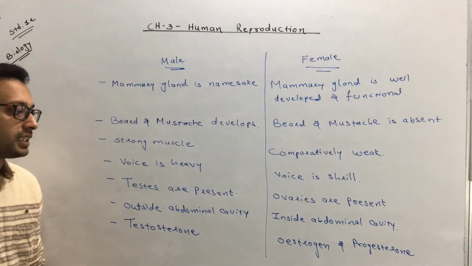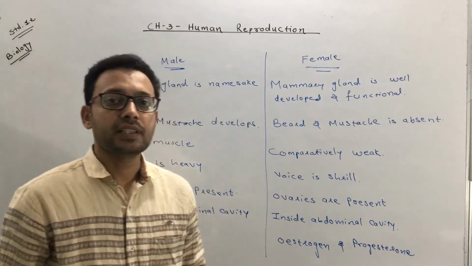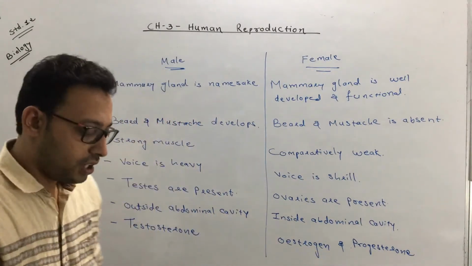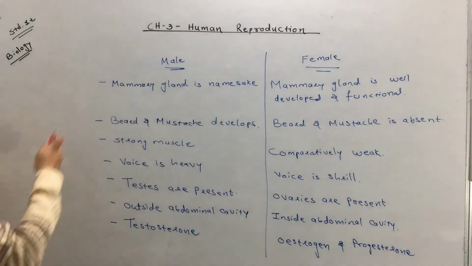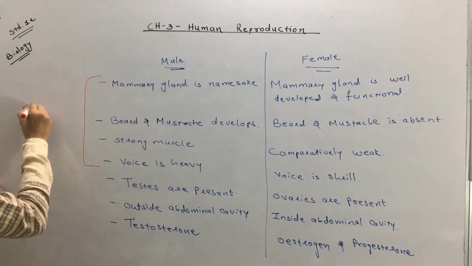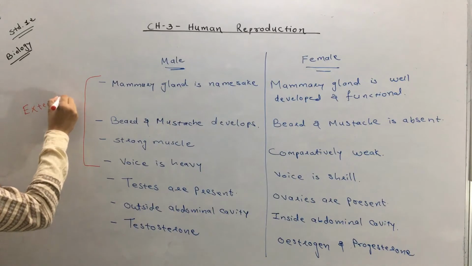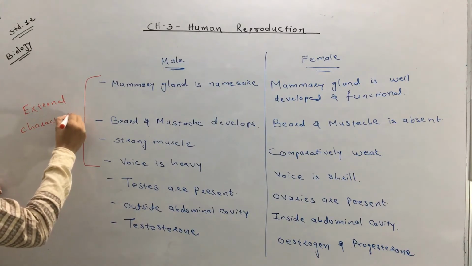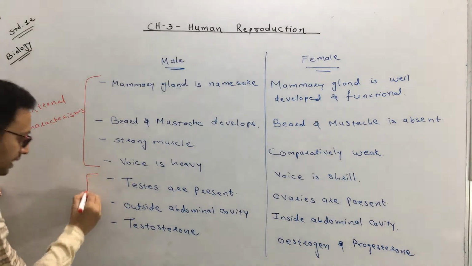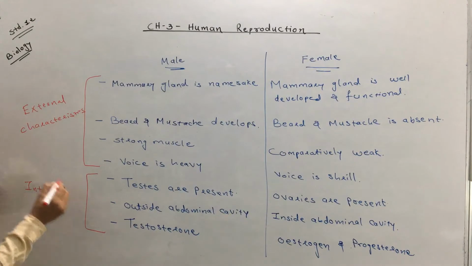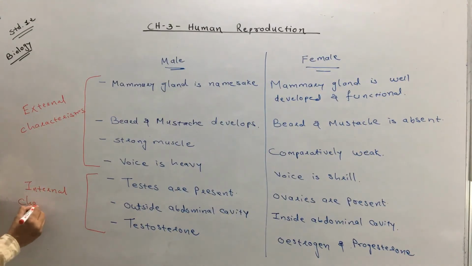That's called testosterone, and in female they release estrogen and progesterone. So these are the differences. These four differences are with respect to external features or external characteristics, and these are the features which differ in terms of internal characteristics.